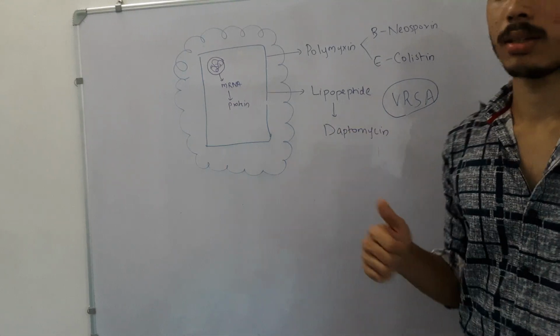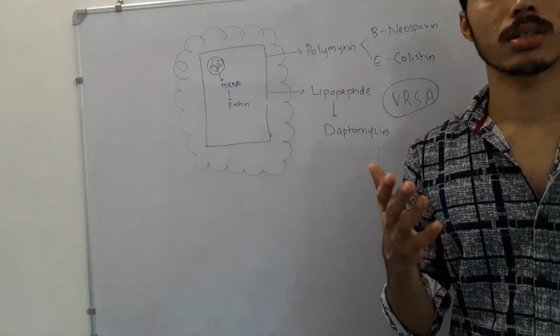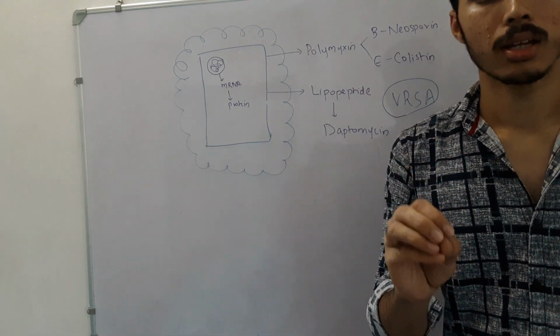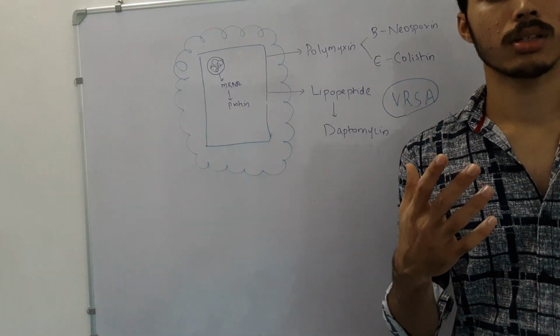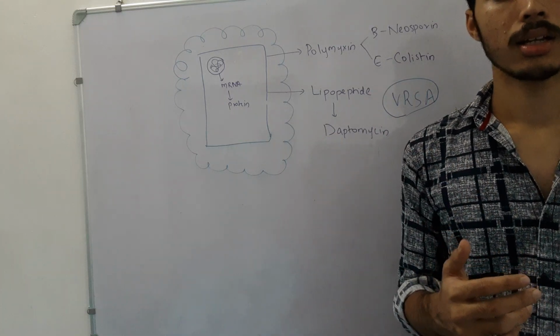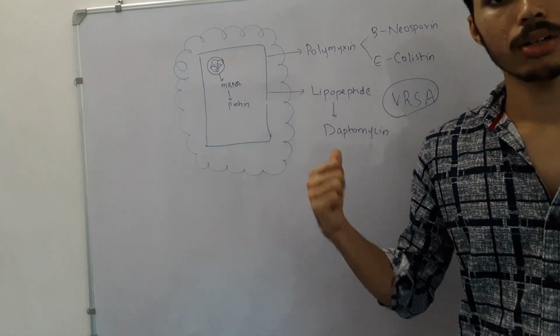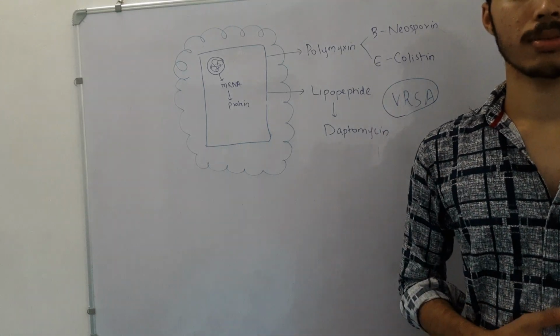There is one special thing that you have to remember about daptomycin. It is inactivated by surfactants. Any idea? For example, in case of pneumonia, if you give daptomycin, it gets inactivated by the surfactants.